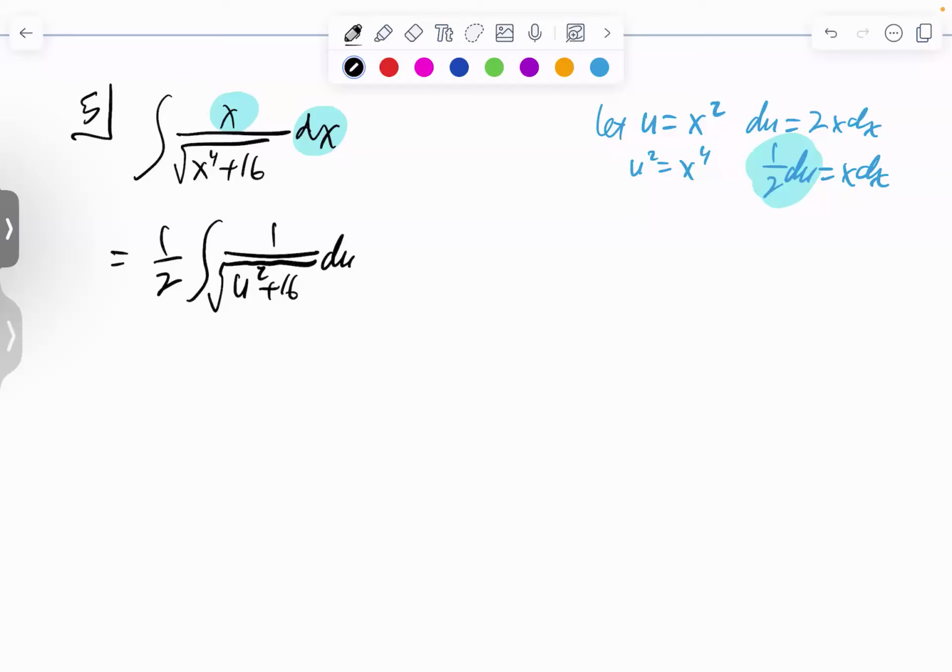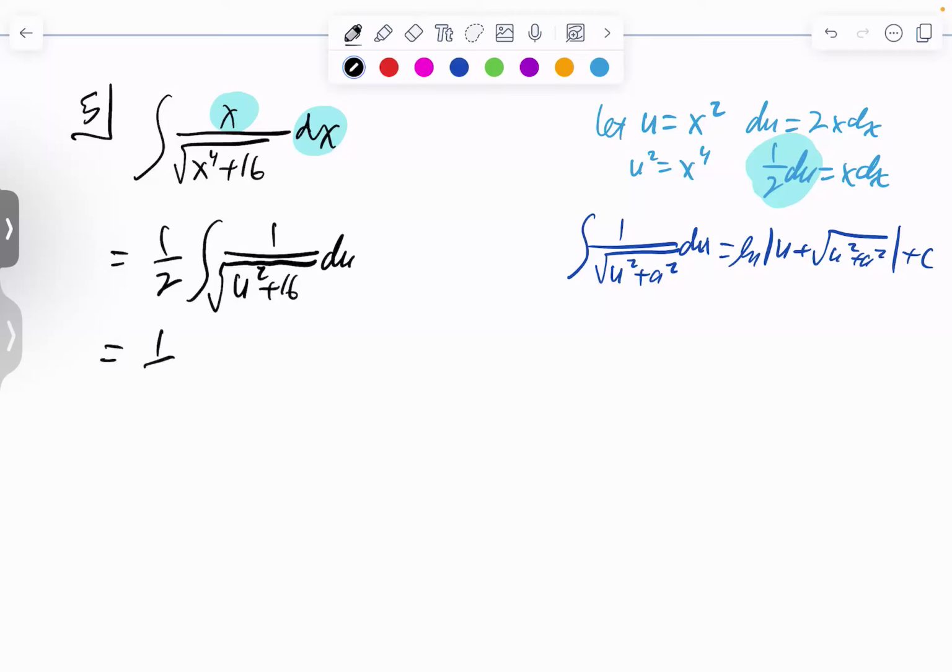And our rule that they gave us on the other page, just to be clear, says that the integral of 1 over the square root, instead of x, I'm going to use u just to make it simple, is the ln of the absolute value of u plus the square root of u squared plus a squared, plus c. And once we get u, we're going to have to transform the whole thing back into x once we're all done.